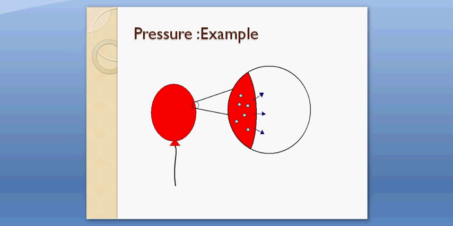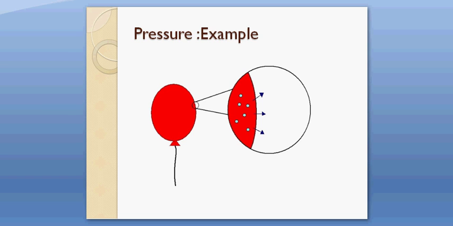Now let's take an example. Yes, again with the balloon. That particular vessel was basically a container whose walls were rigid. They are not flexible walls. Now if we talk about flexible walls, that is a balloon, what happens to the balloon? As we have seen, the molecules exert pressure on the walls of the container.